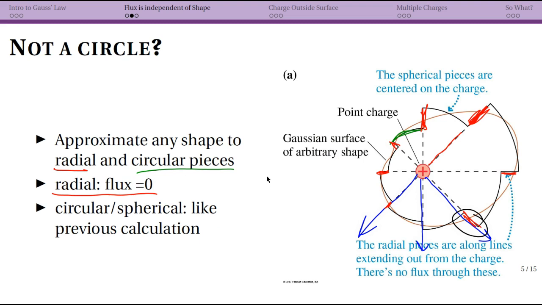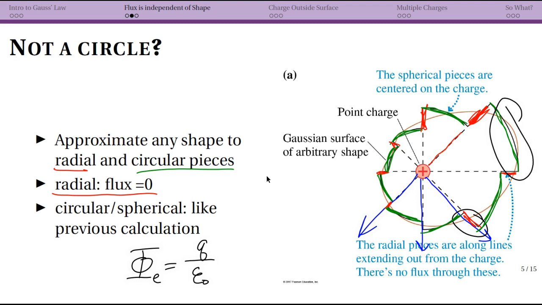And so your different circular pieces, in fact, do contribute to flux, but what we've seen is that the radius cancels out. And so this interesting thing happens here where we basically go, oh, actually, my flux calculation for this really complicated shape is still going to be Q over epsilon naught, because all of these pieces are going to add up to basically give me Q over epsilon naught, and the red pieces don't contribute.